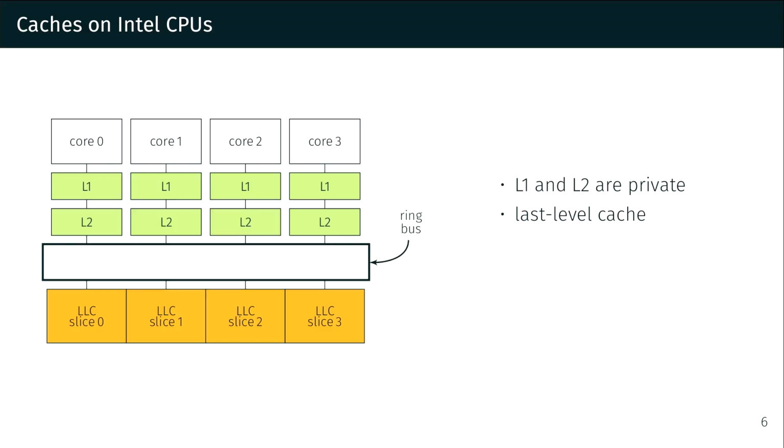This one is divided in slices. We have as many slices as cores, so here 4 slices. But all the slices are shared across cores. So core 0 can access the whole last level cache, slices 0, 1, 2, and 3. We also have a nice property on Intel CPUs: this level of cache is inclusive. What it means is that everything that is contained in level 1 and level 2 will also be contained in the last level cache. And this will prove to be quite useful for cache attacks.